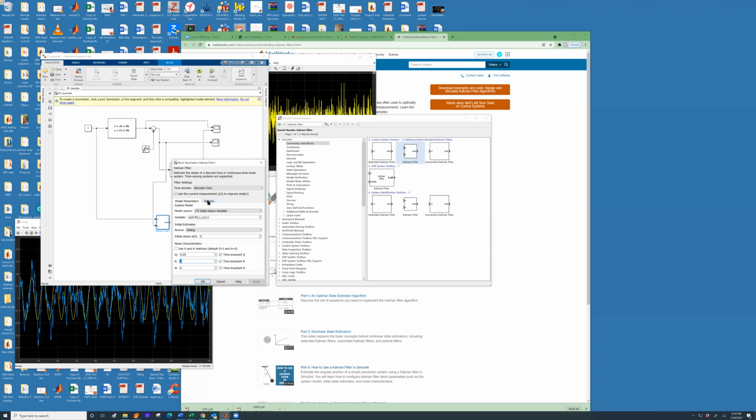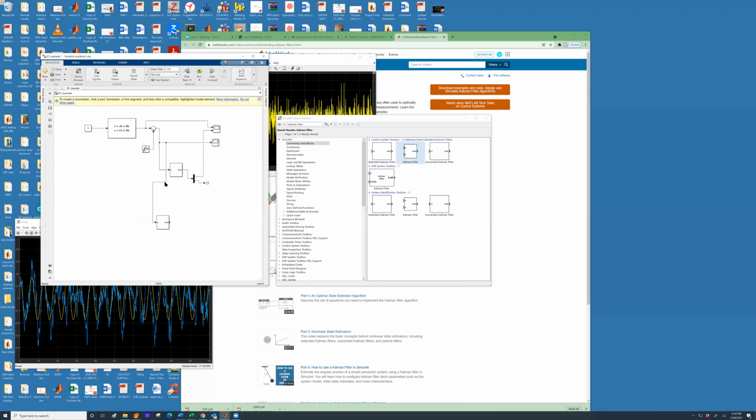Next, I want you to go to options. In here, you have additional inputs, wherein you can input the actual input value. You can add the control measurement value. You can take this off, and then you can just feed the measurement.